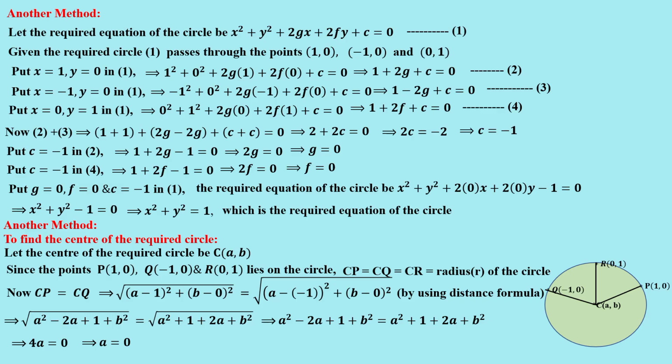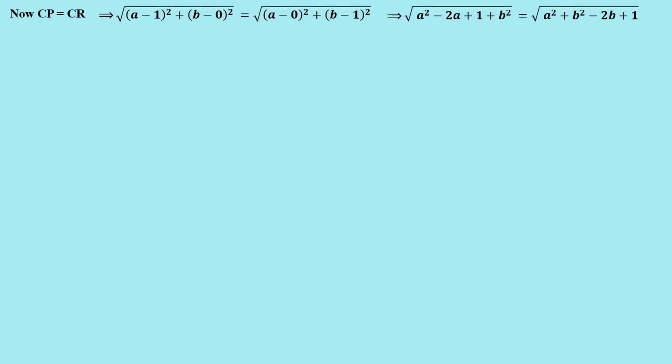Next we need to find B. So CP is equal to CR, the next combination. Using the distance formula, root of A minus 1 the whole square plus B minus 0 the whole square equal to root of A minus 0 the whole square plus B minus 1 the whole square. Squaring on both sides and using the a minus b whole square formula, A square minus 2A plus 1 plus B square equals A square plus B square minus 2B plus 1.